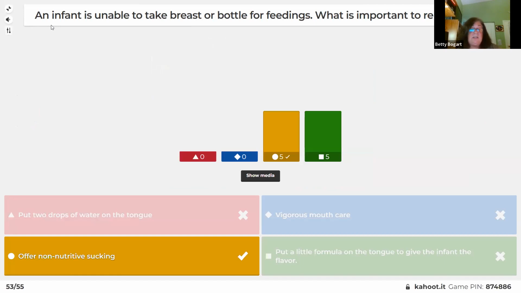Now, there are conditions where you can't put anything in their mouth because let's say the mouth is open only to the lungs and the esophagus doesn't go the whole way down. What you're doing is you're promoting aspiration into the lungs, right? So if you can't, pacifier.